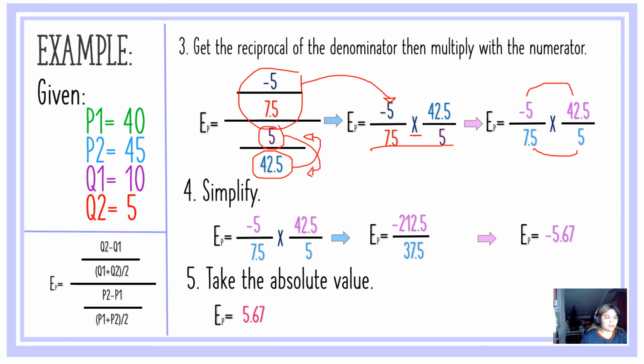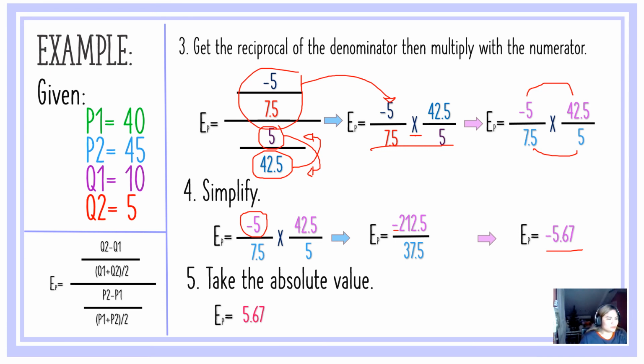And the answer will be negative 212.5 divided by 37.5. This is negative because one value in the numerator is negative. When we multiply two unlike signs, it will be negative. Again, it's negative 212.5 divided by 37.5. Now you have to proceed with division. The answer will be negative 5.67. Always round it off to two decimal places.